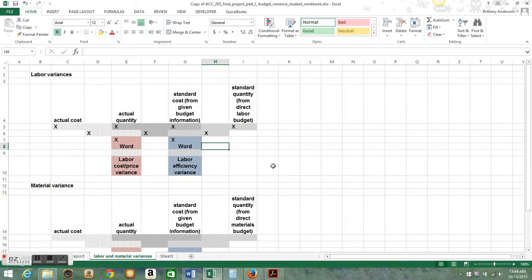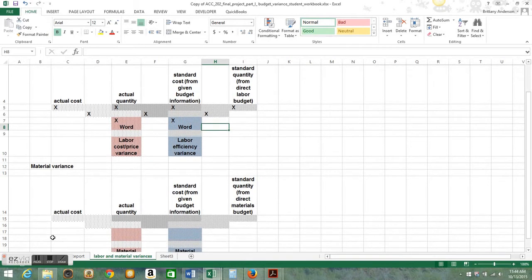So don't make this any harder than it is. The actual cost and the actual quantity is found in those first two files, whether you open the budget sheet or the first one. If you open the workbook with the budgets in it, if you scroll the whole way down on the assumptions page, it's the last tidbit of information.